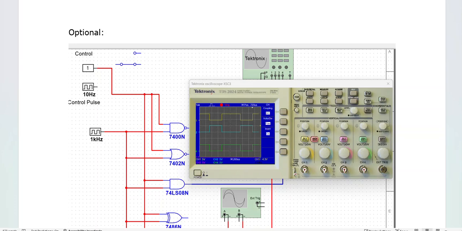Here we're throwing in a much slower clock. Actually, this is not a representation of this, so this was set up a little differently, but the same principle. For anybody that needs help doing this on MultiSim, just let me know and I'll help you.